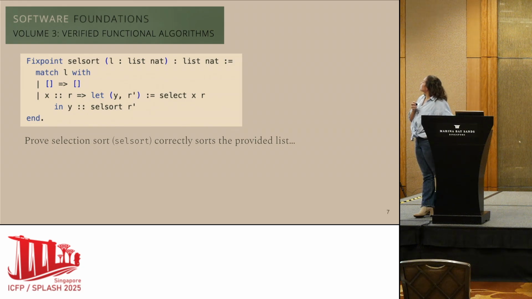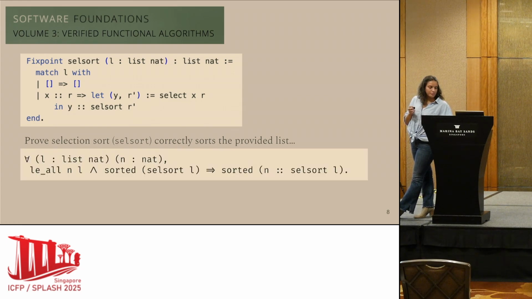Okay, where was I? Okay, so if you want to prove that your list is correctly sorted, in this case, you might want to prove the following property: that if you have an element n and it's less than every element in your list, and then you're able to correctly sort that list using your selection sort, then if you put that element at the front of your list, then the list will remain sorted.